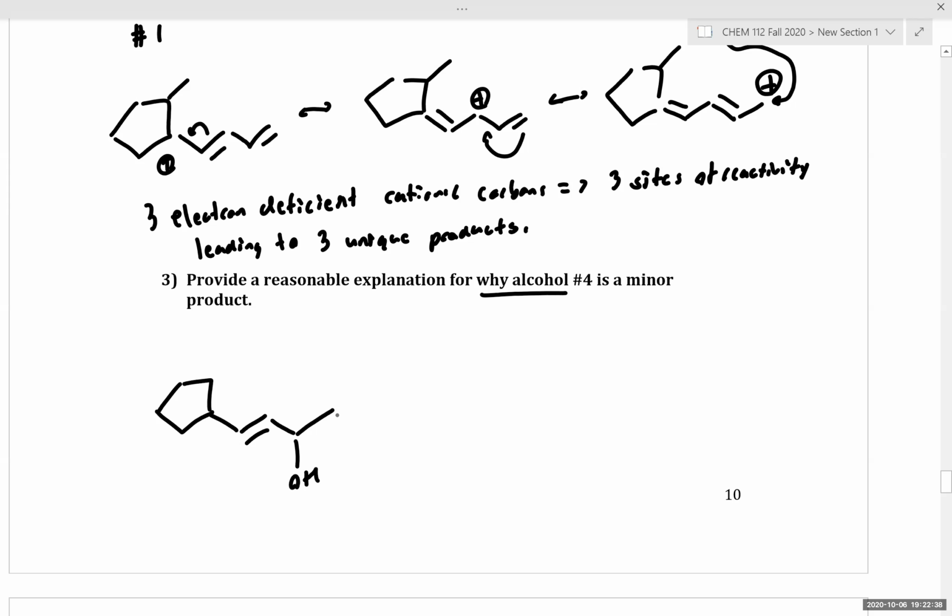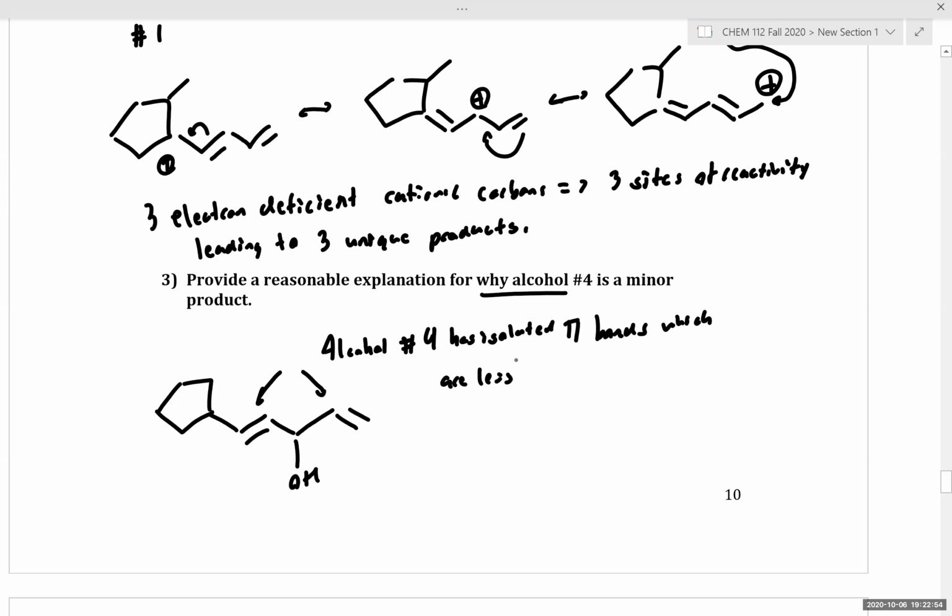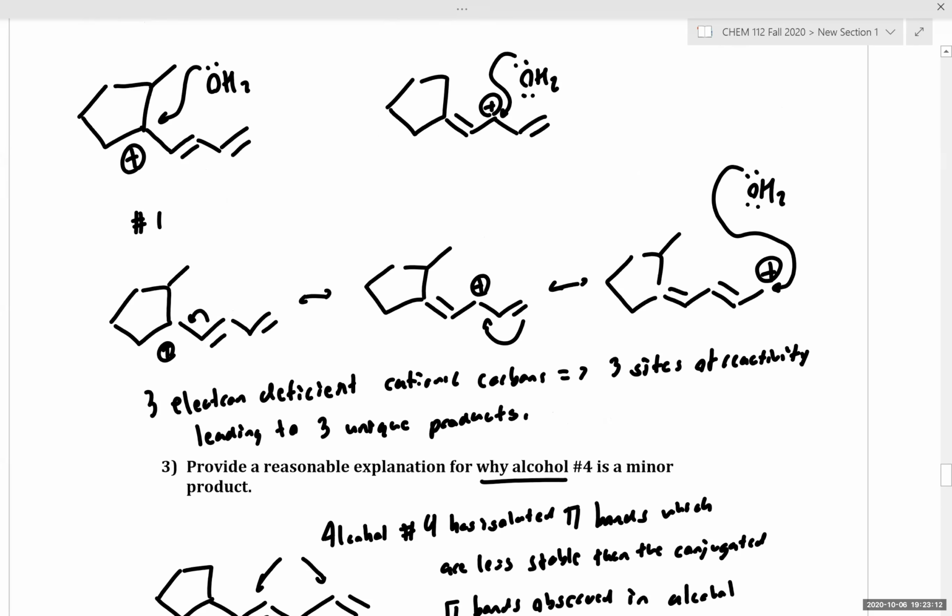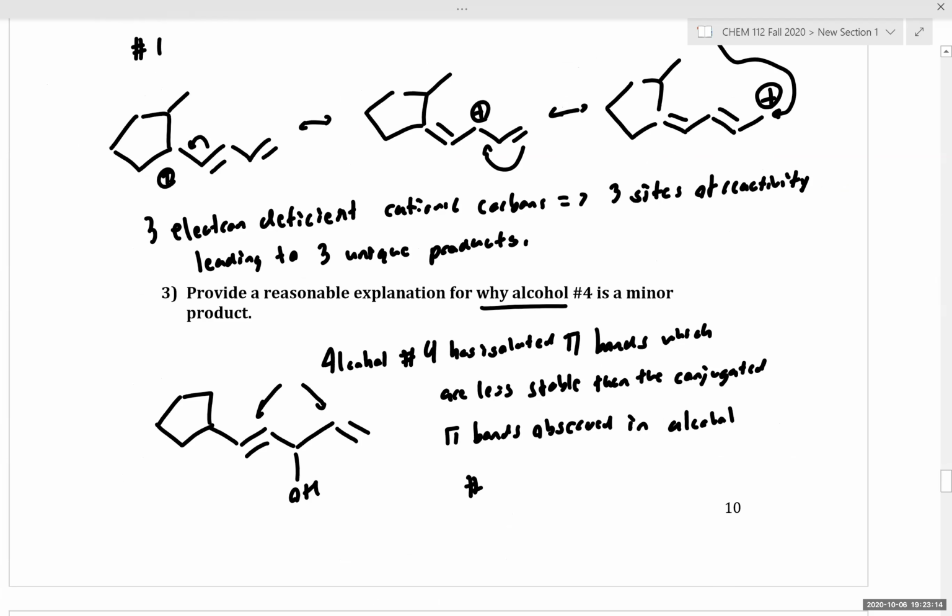Well, if we look at alcohol number 4, we see that it has isolated pi bonds, which are less stable than the conjugated pi bonds observed in alcohol number 3 and 5.